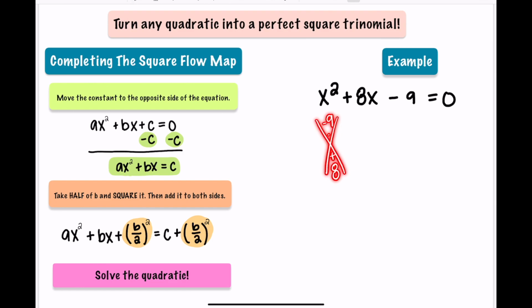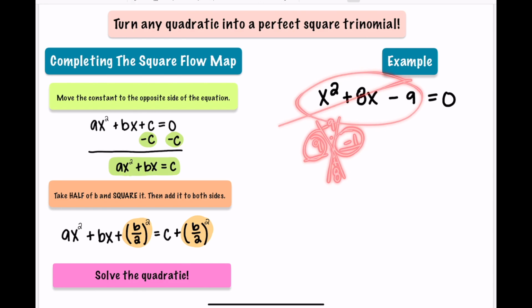Two numbers that multiply to be negative 9 and add to be positive 8 would have to be 9 and negative 1, because 9 minus 1 is 8, and 9 times negative 1 is negative 9. Since these numbers are not identical, this is not a perfect square, which is okay.